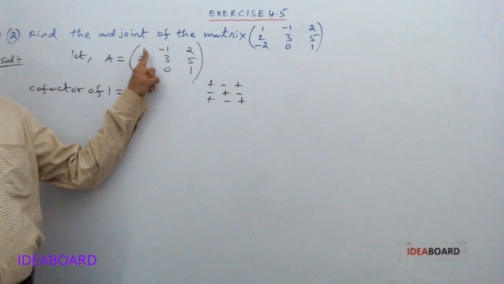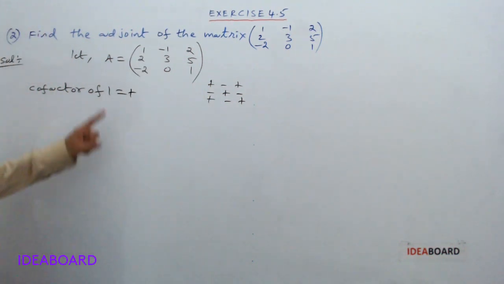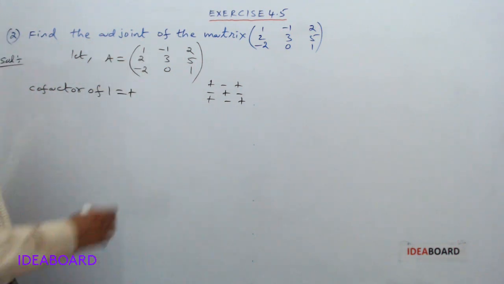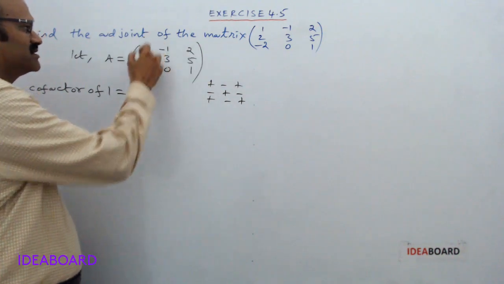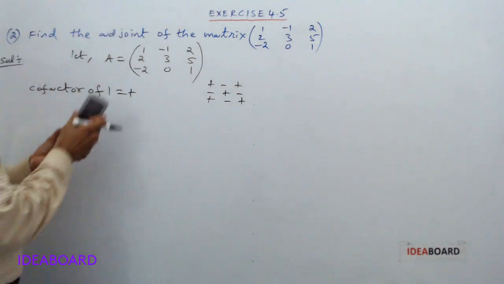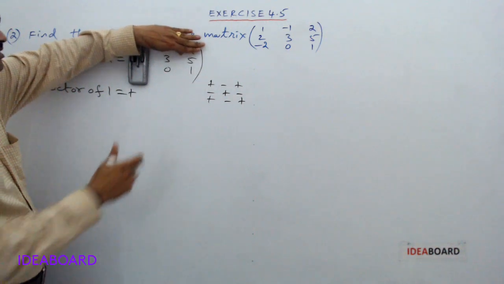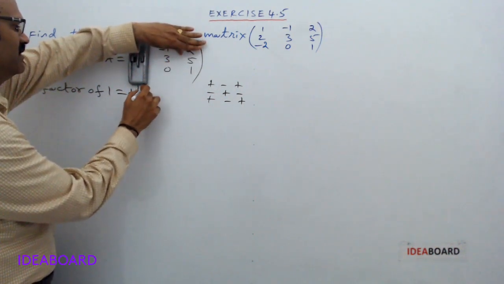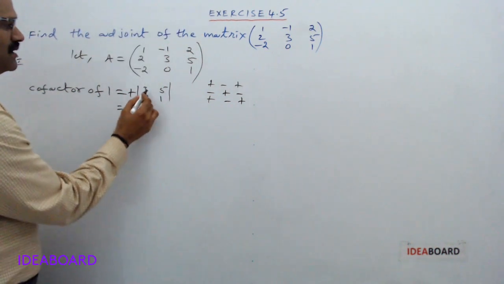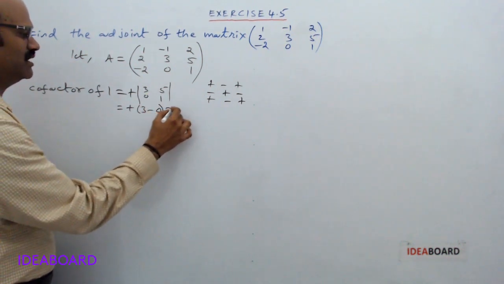So for this element we take the sign plus, into the minor of 1. The element 1 lies in first row and first column. So we close the first row and first column. The remaining elements we write in a determinant: 3, 5, 0, 1, equal to plus of 3 into 1, minus 5 into 0, so equal to plus 3.